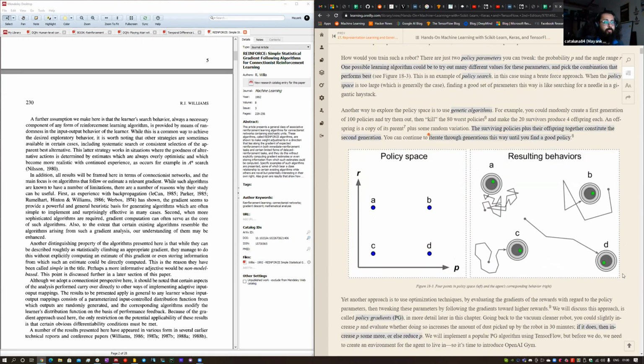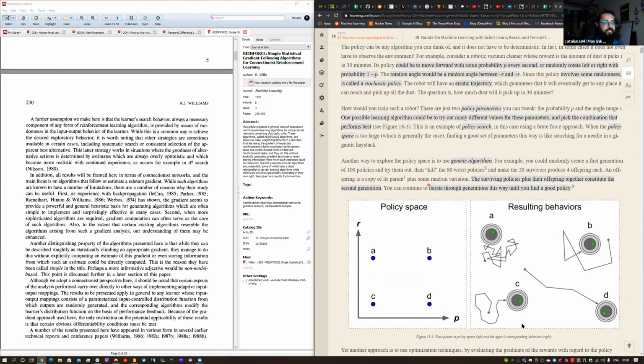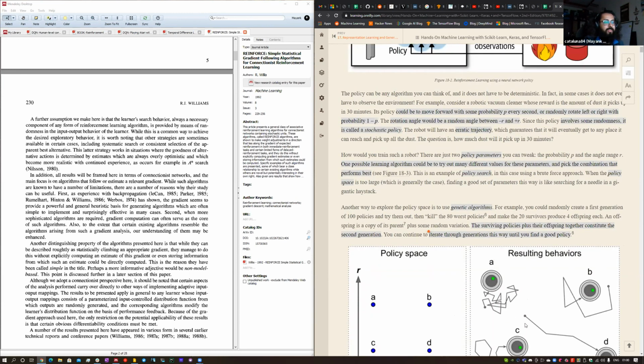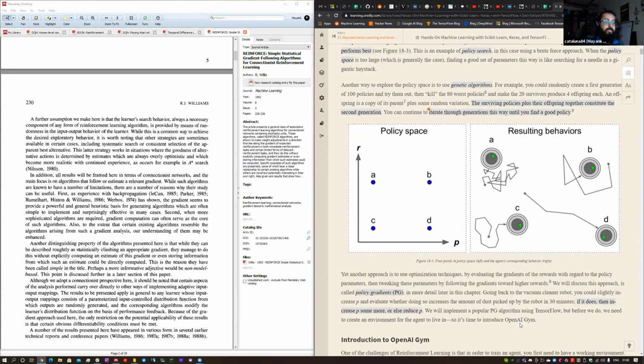Because this is important. This is the basic way to understand what a policy is and what policy space is and how we formulate it and how we intuitively think about it. One question here.